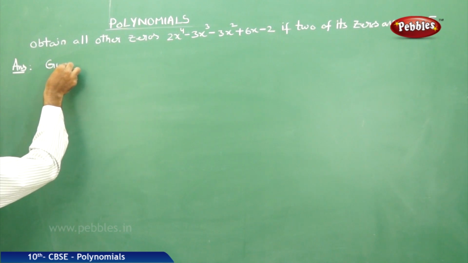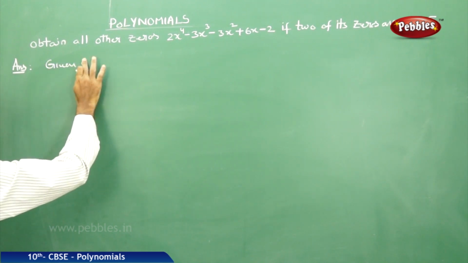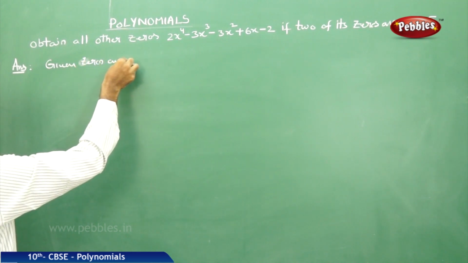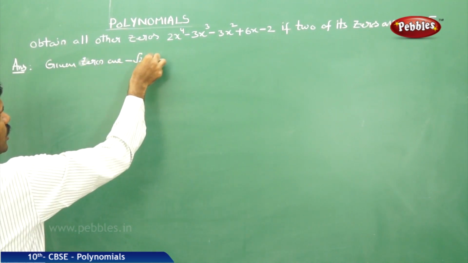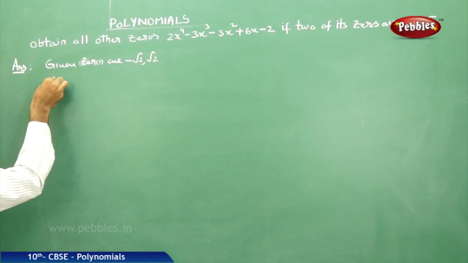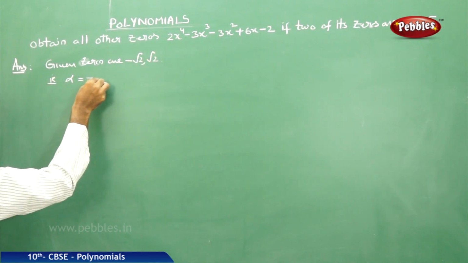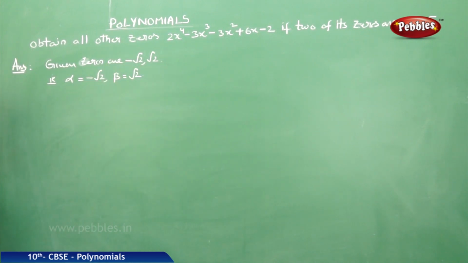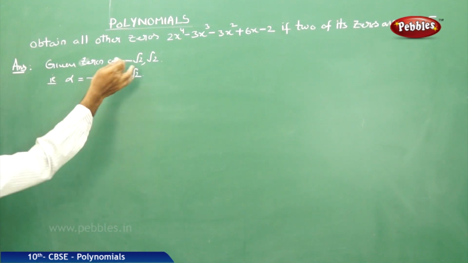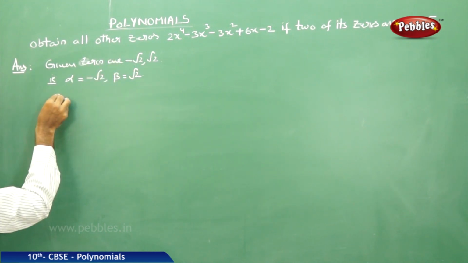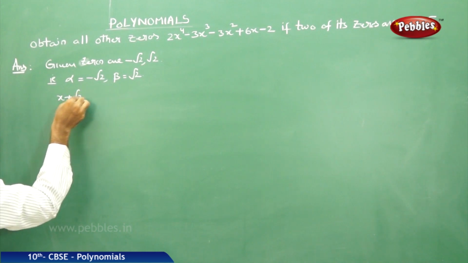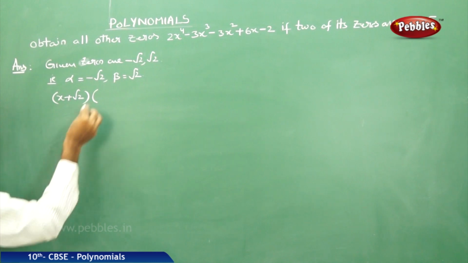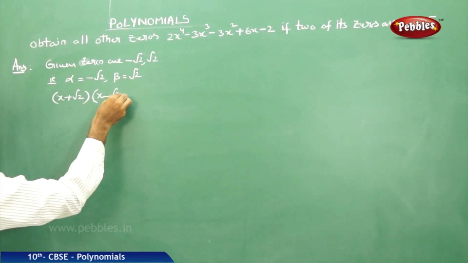Given zeros are minus root 2 and root 2, that is alpha is equal to minus root 2, beta is equal to root 2. The factor form of minus root 2 is x plus root 2 and the factor form of root 2 is x minus root 2.